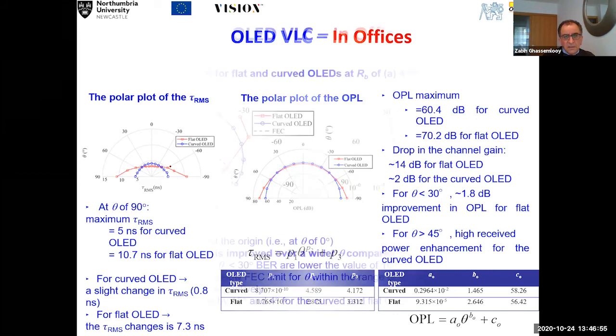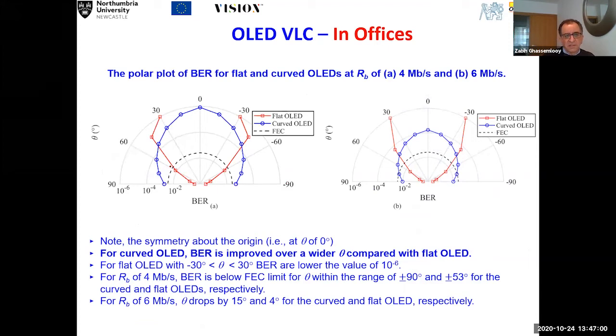Then we looked at offices and measured the bit error rate for flat and curved OLED. Again, you can see the performance meets the FEC limit, and each has its own feature. Remember, the curved OLED has a symmetrical distribution around its center, which is also shown here. So you can use them in the office, and we demonstrated up to 4 megabits and 6 megabits of data.